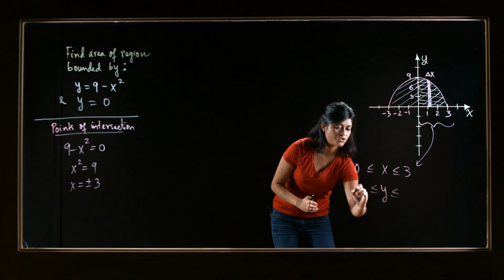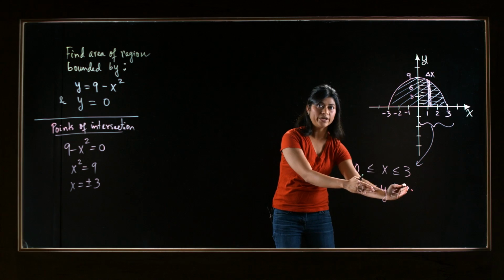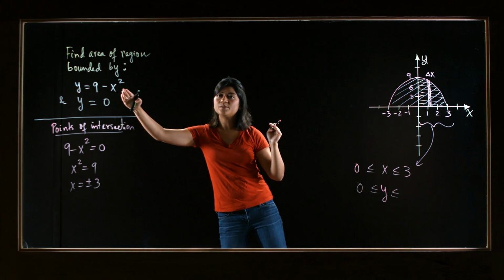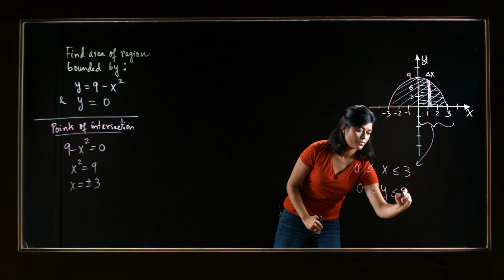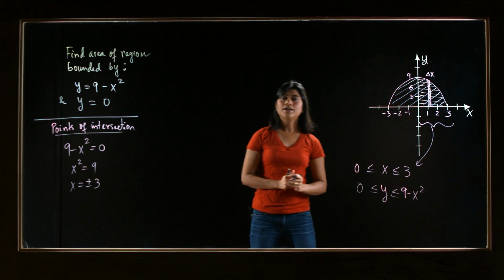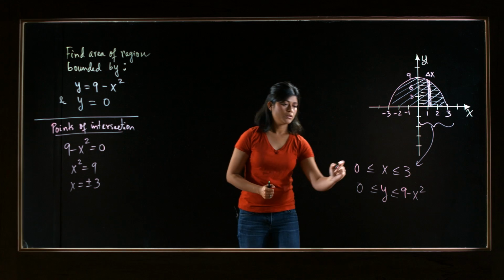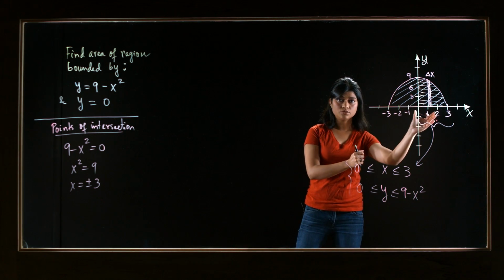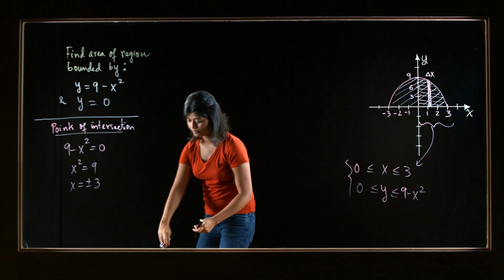So y starts at 0 and goes till where? Till this curve, and the curve is given by 9 minus x squared. So y is between 0 and 9 minus x squared. Remember, these are the bounds only for half the region, and we have to double that.